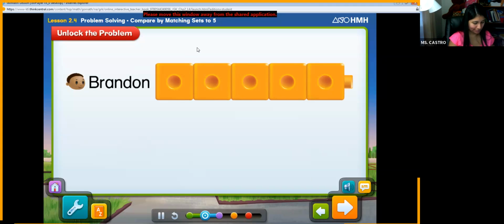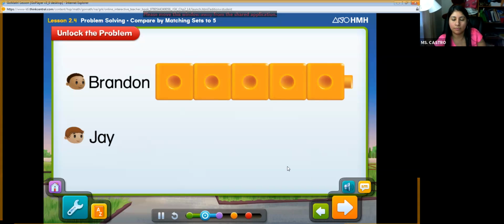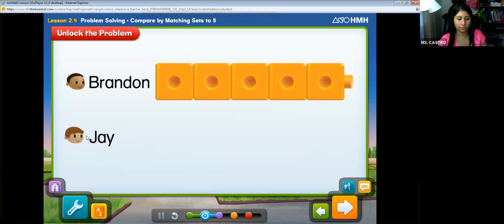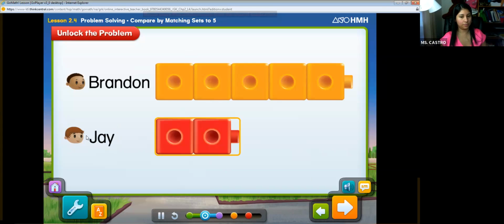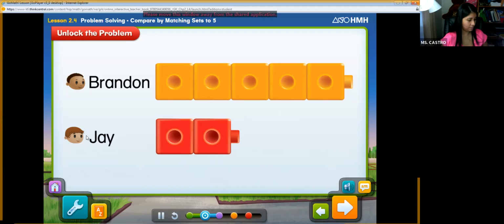So Brandon has 5 toy cars. Jay has a number of toy cars that is less than the number of toy cars Brandon has. Let's use cubes to show Jay's toy cars. Click Jay's name to show the cubes. There are 2 red cubes, which means Jay has 2 red cars. Let's compare the cubes to make sure Jay's cubes show a number that is less than Brandon's cubes. Click the cubes to start.